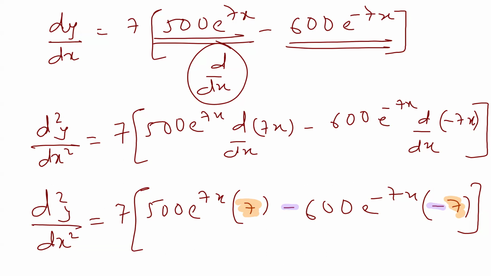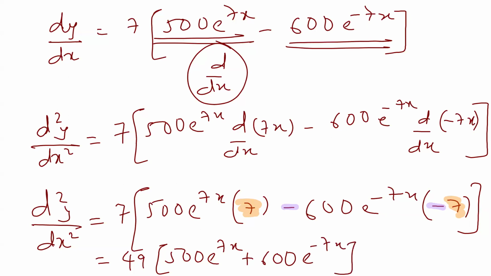Outside there is already a 7. So 7 into 7 will be 49. 500 e raised to 7x plus 600 e raised to minus 7x. Okay, I've taken 7 common outside. That 7 and this 7 will be 49. And then this minus minus is plus.